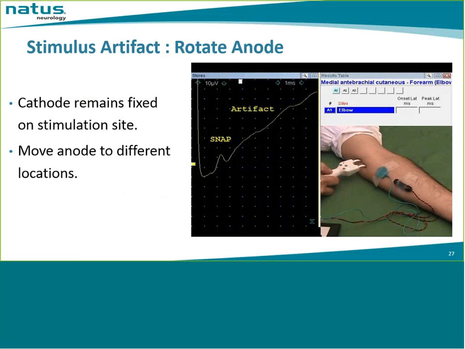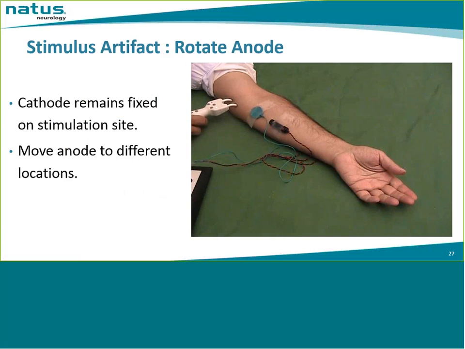So we are going to keep the cathode in the same place, and we are going to change the position of the anode. That's called rotating. Let's see what kind of a response we get as we start rotating the anode. Rotate it more. Notice the artifact is becoming less, and here we have a beautiful response.